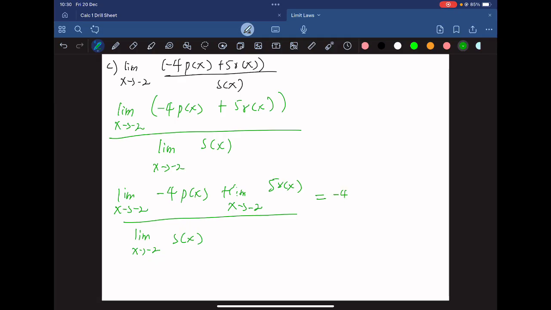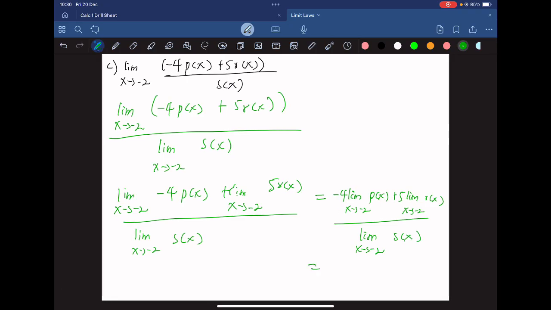So we have negative 4 times the limit as x approaches negative 2 of p of x plus 5 times the limit of r of x, all over the limit of s of x.